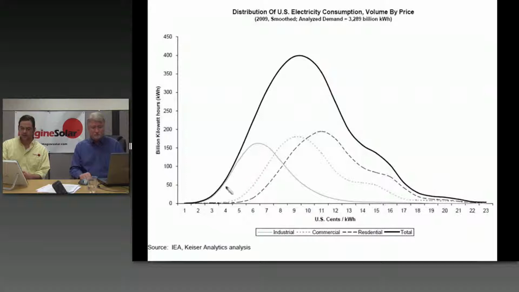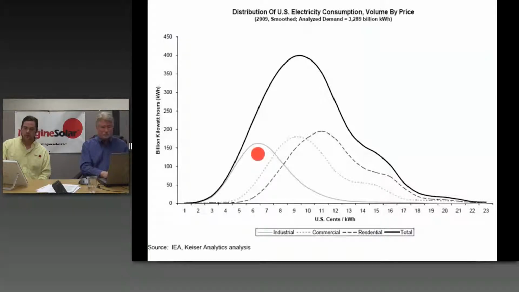And if you look closely, it's broken down into the three main sectors of the electric industry: industrial, commercial, and residential. It's roughly a three-way split in terms of how much energy is sold to those three sectors. Of course, we notice that the solid gray line for industrial power is cheaper.